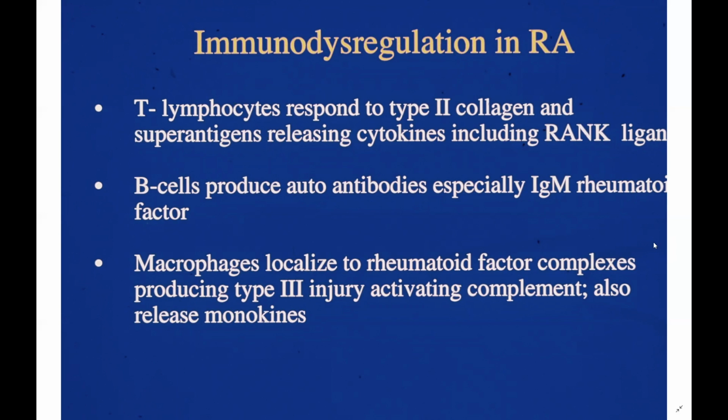They also produce another class of agents which are directed against various peptides that are present in synovium. And they're actually more accurate for the diagnosis of RA than is rheumatoid factor. Macrophages localize to rheumatoid factor complexes, producing a type 3 injury, activating complement. They also release monokines. Okay.